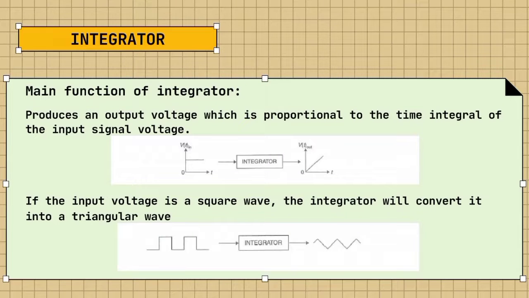Next, the integrator. So what is the main function of an integrator? An integrator produces an output voltage which is proportional to the time integral of the input signal voltage. This is the graph of the integrator, and if the input voltage is a square wave, the integrator will convert it into a triangular wave.